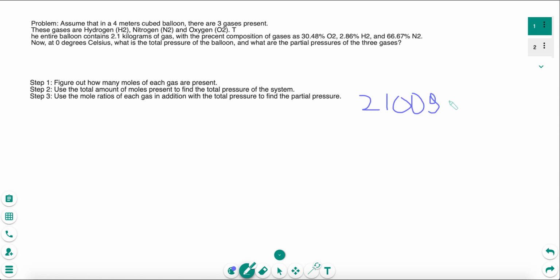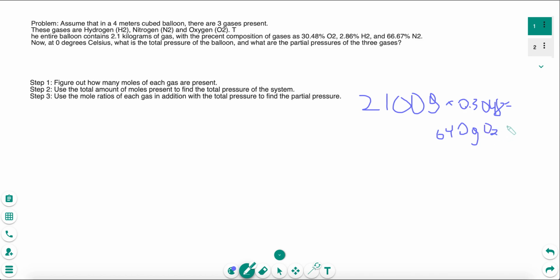So we can multiply this by 0.3048 to find the mass that oxygen comprises. So if we carry out this calculation, we get 640 grams. 640 grams of oxygen.